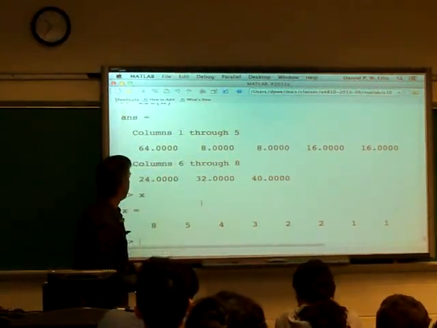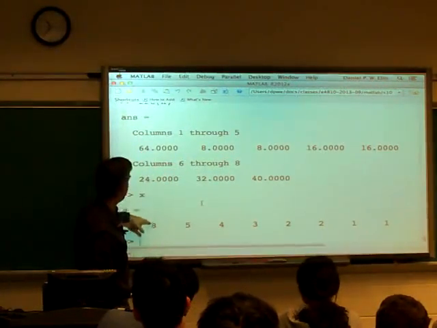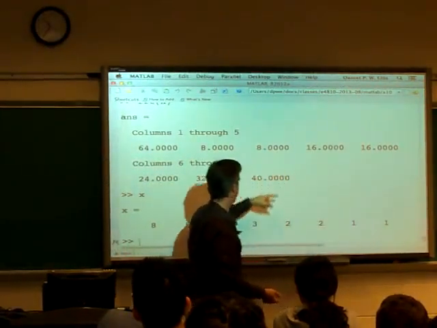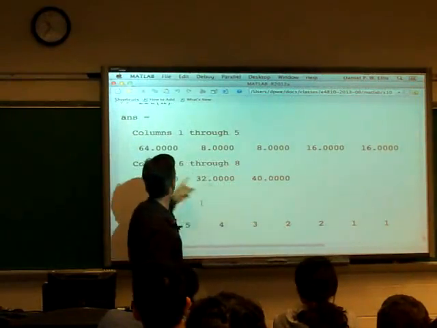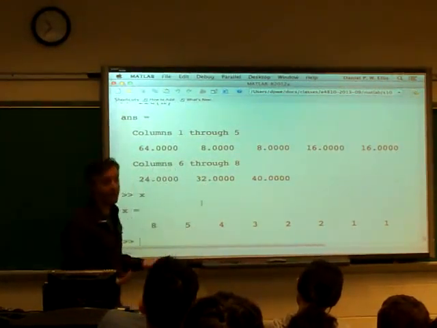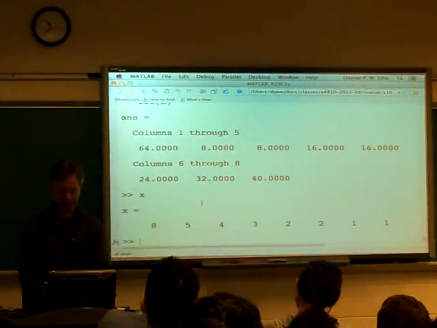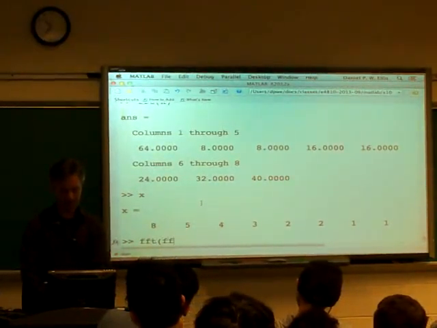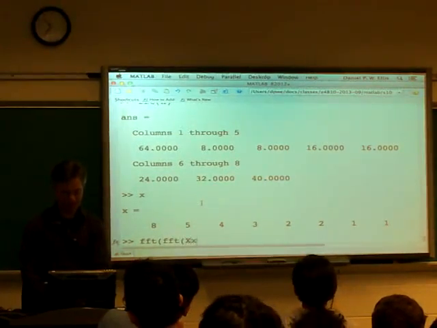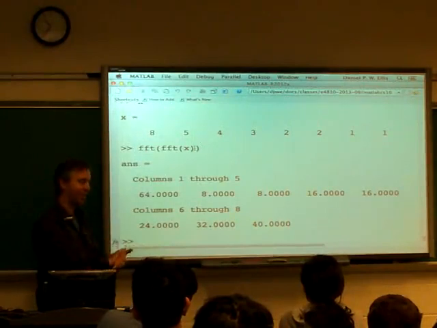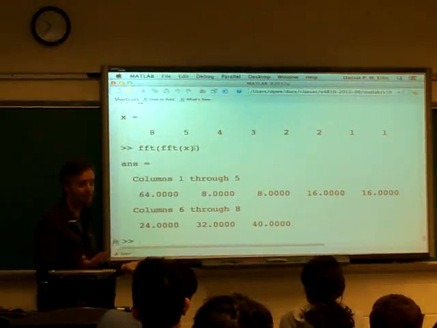N is 8. So lo and behold, we get 8 times 8, then 8 times 1, 8 times 1, 8 times 2, 8 times 2, 8 times 3, 8 times 4, 8 times 5. So taking the FFT of big X gives us the circular time reverse of little x, scaled by n.